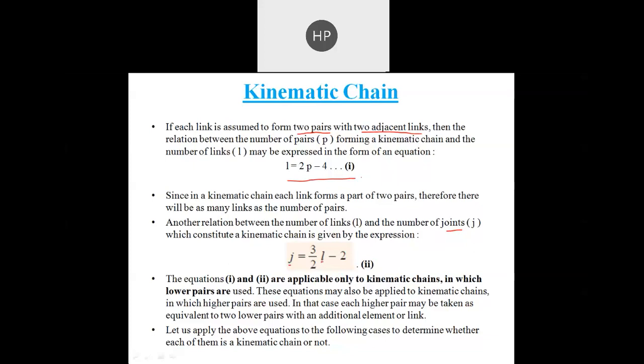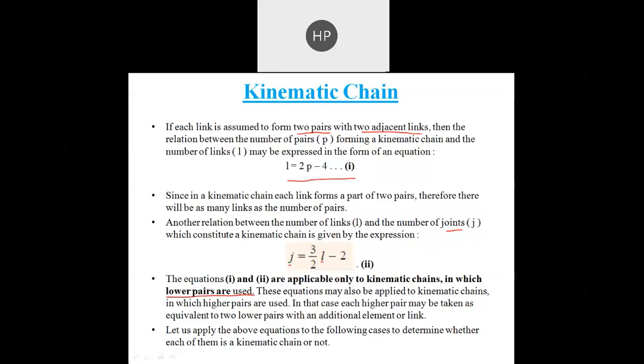Now equation 1 and equation 2 are applicable only to a kinematic chain in which lower pairs are used. This is important. We can apply this rule to a kinematic chain only if it has lower pairs.